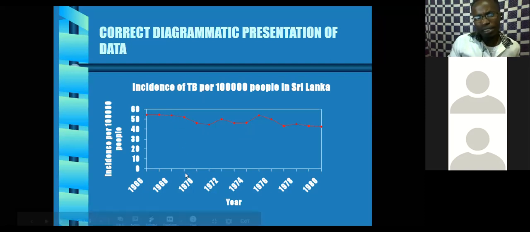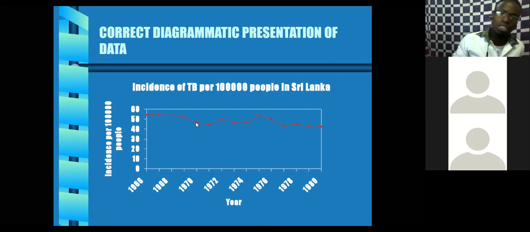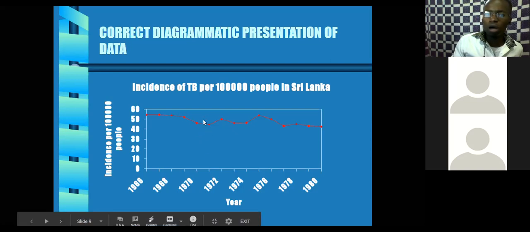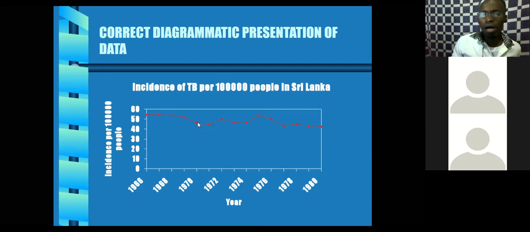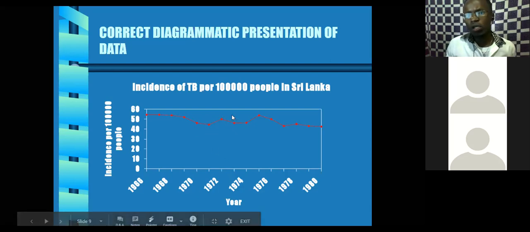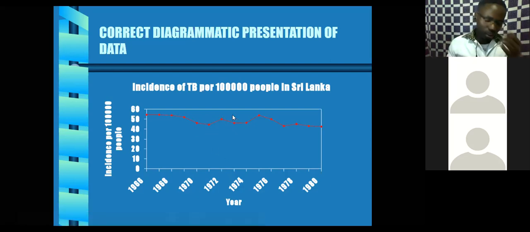But after 1970, you can see that it starts declining. If you are somewhere around 1971 and you see that the incidence of TB has declined, you can probably predict that in 1972 you're also going to have a lower incidence of TB. Then it starts increasing again. So it enables you to predict future events, like I mentioned.